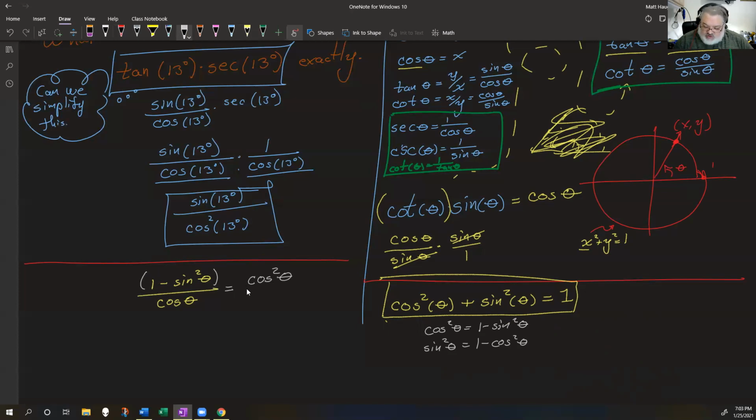It's equal to cosine squared. What does that mean we can do with these cosines? That one's going to cancel with one of those, leaving us with just cosine theta.